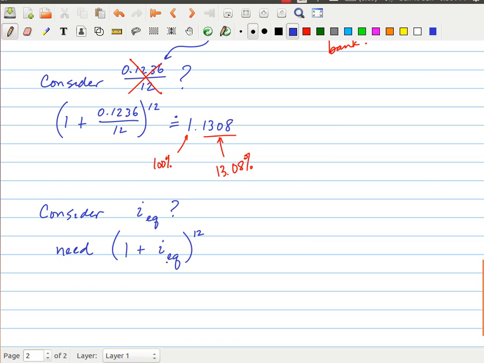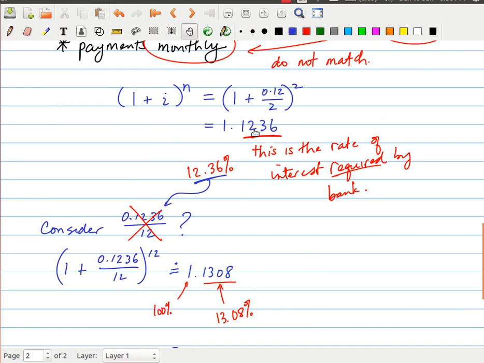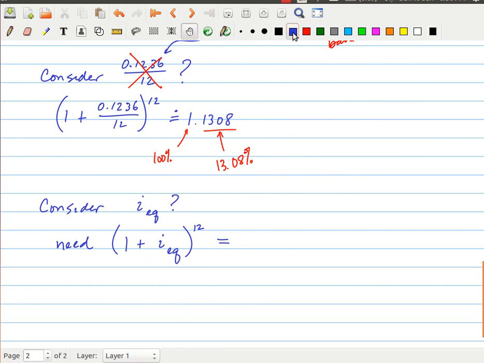Whatever this equivalent interest rate is, if I compound it over 12 months, I have to end up with that interest rate which is specified by the bank, which is 12.36%. And the way I could write that is I need this to be equal to 1.1236.